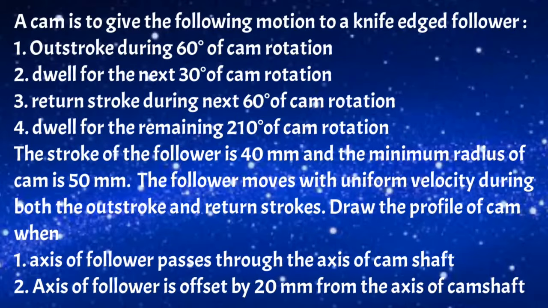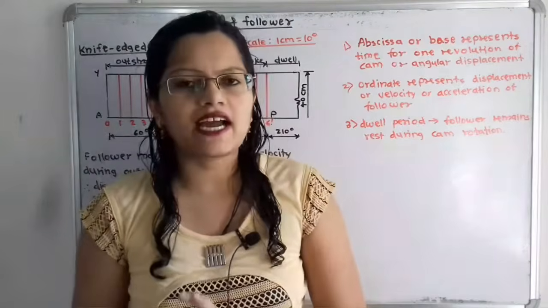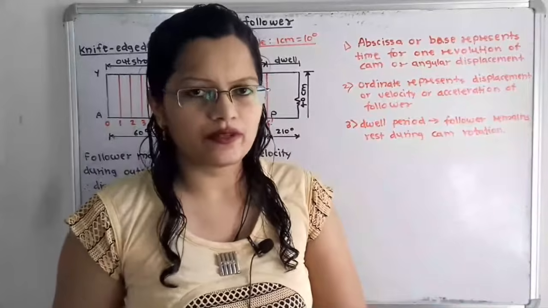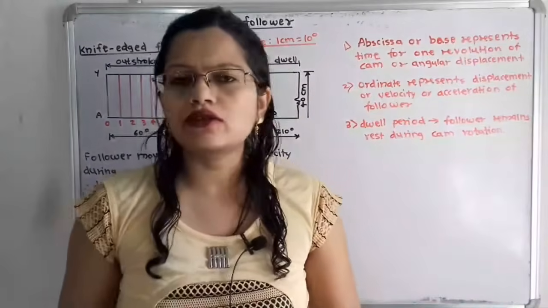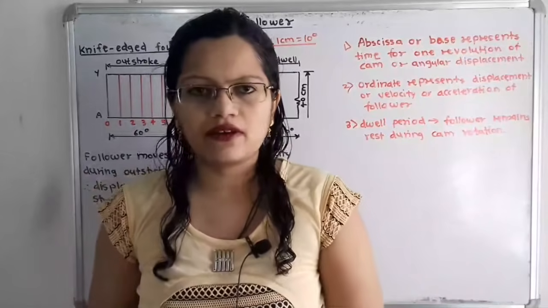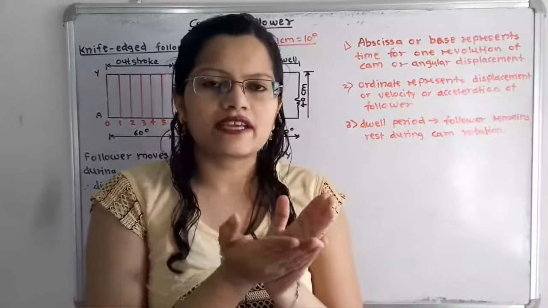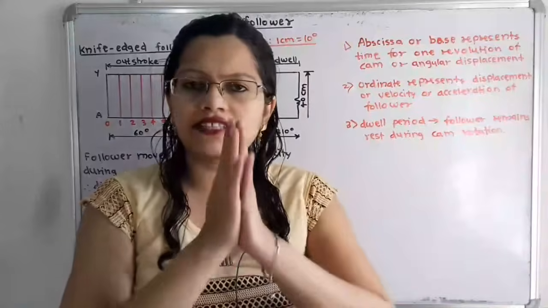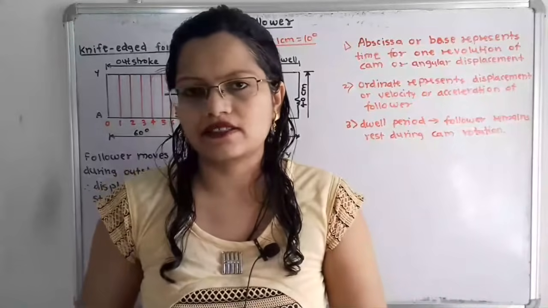Now we will understand some basic concepts regarding this cam and follower. So first, according to this given information, we have to draw one particular graph. For that we have to take the abscissa, that is x-axis, and ordinate, that is y-axis.